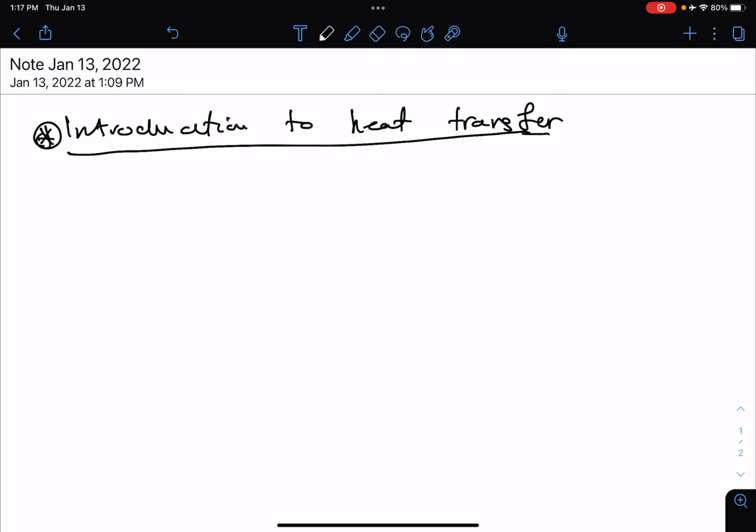When you hear the words heat transfer, what comes to your mind? Thermal energy exchange. Okay, thermal energy. What else?